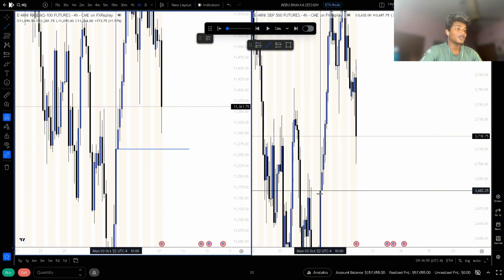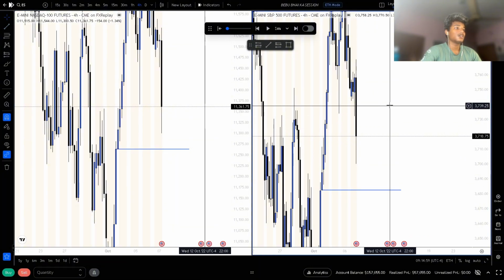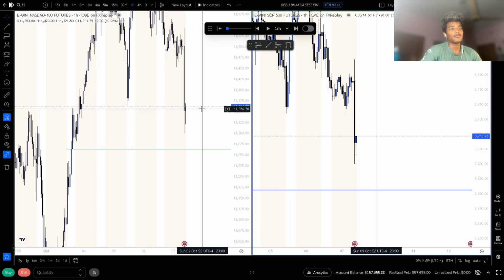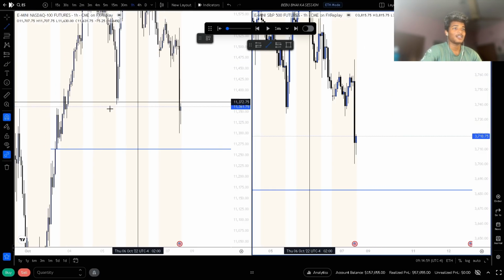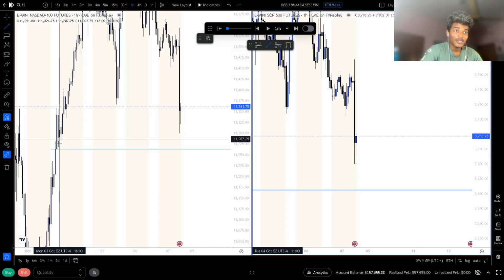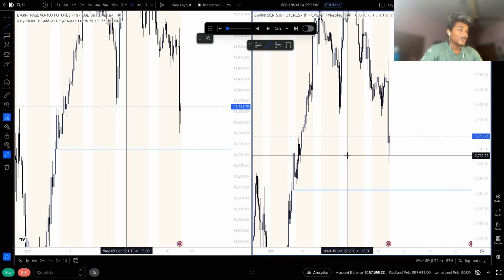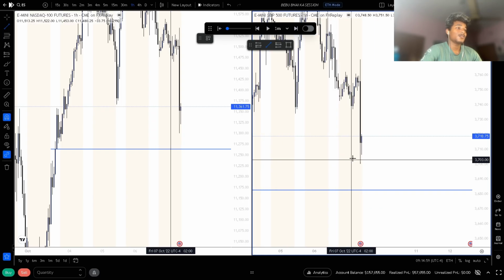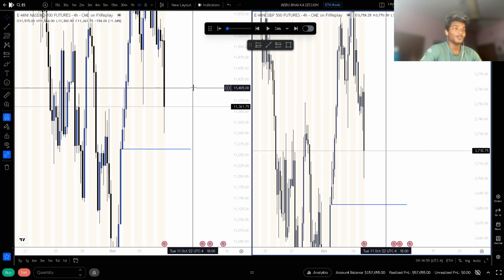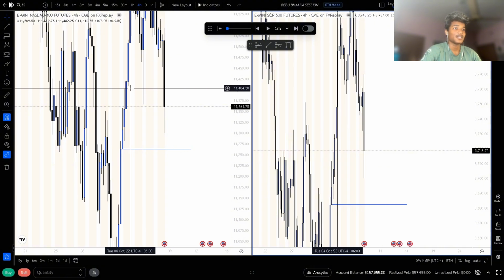So I will try to take continuation shorts, but data highs have been formed, so I don't feel like risking my money against the data highs. And we are also inside this bullish hourly gap, so we may reject from here, but overall the 4-hour looks very bearish at this point of time if we invert this gap as well.